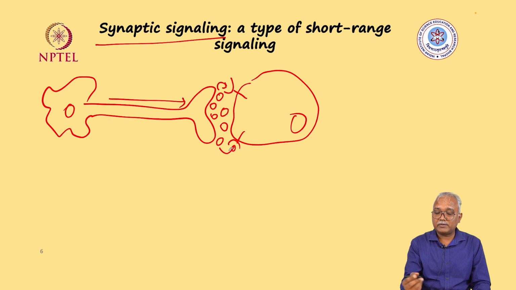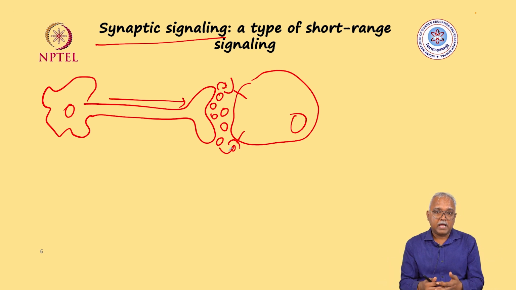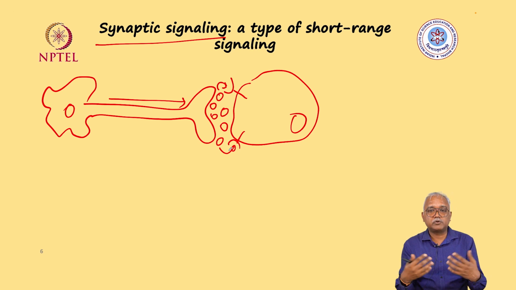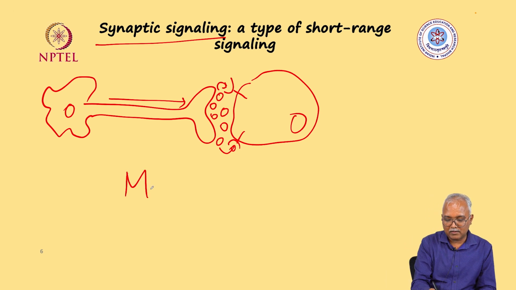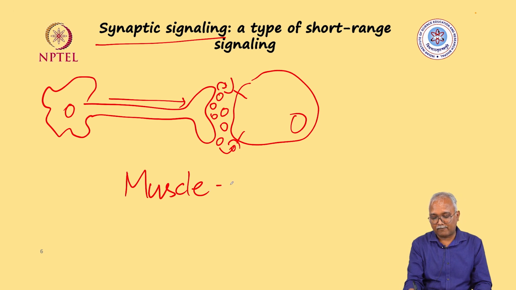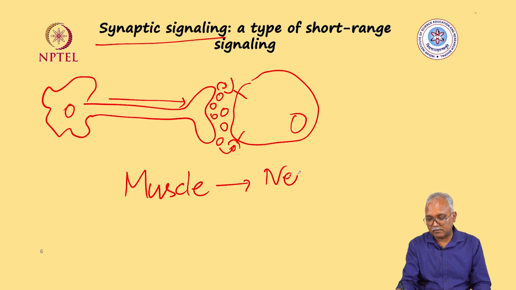I told you that synapse we generally understand in case of neuron to neuron, right? But these neurons do form synapses with non-neuronal structures. It could sometimes be a muscle, where the synapse is referred to as the neuromuscular junction.